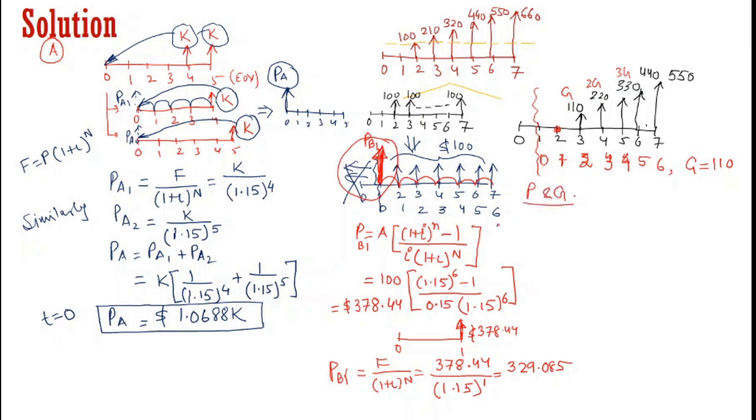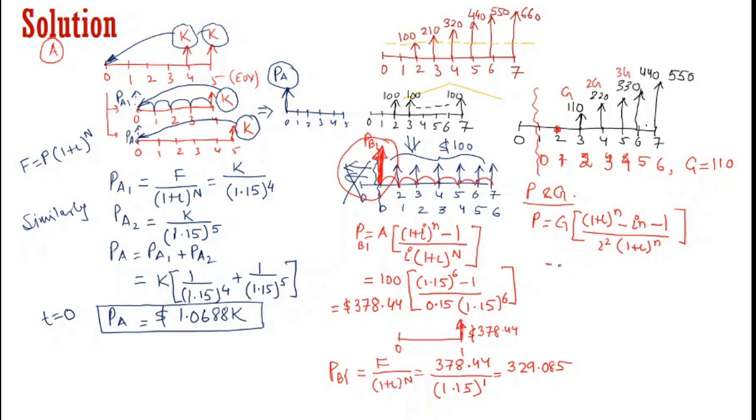So if I rewrite it, P is nothing but G, bracket (1 plus i) to the power n minus i n minus 1, divided by i square, (1 plus i) to the power n. So this is what we have seen the previous time.